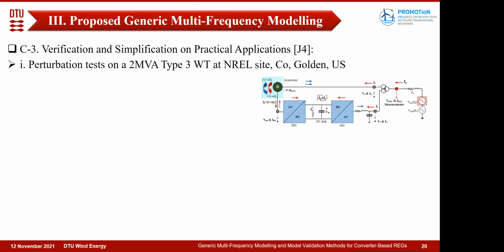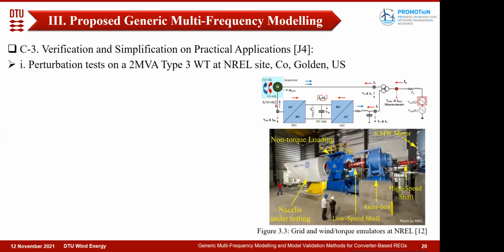To validate this model experimentally, we have a perturbation test on a type 3B turbine, 2 megavolt ampere, at the test site. To give a better impression of the test site, this is the nacelle of the type 3B turbine, and this is the torque emulator or rotor speed emulator. The AC grid will also be connected for the test.